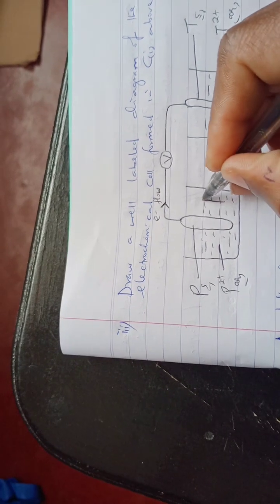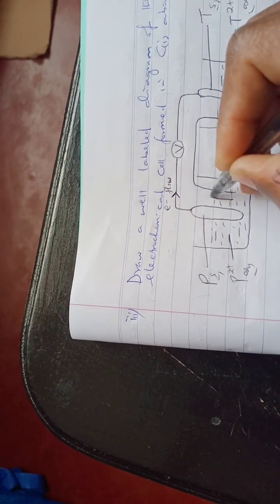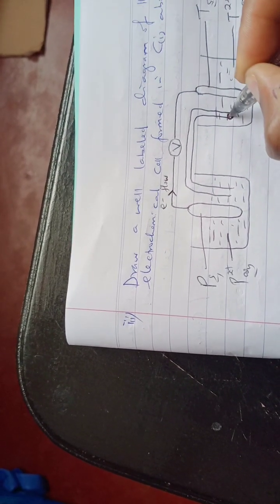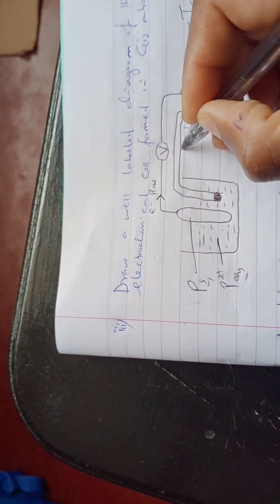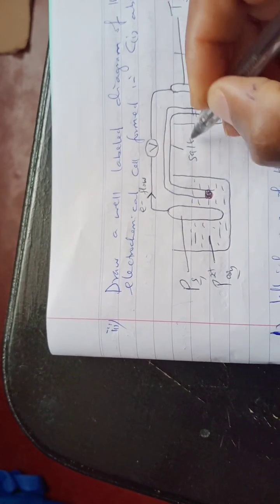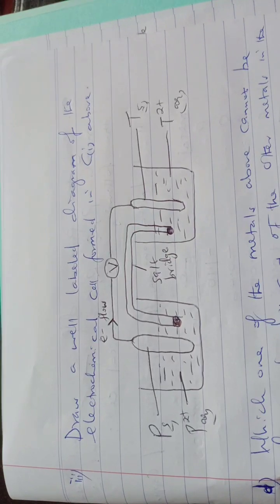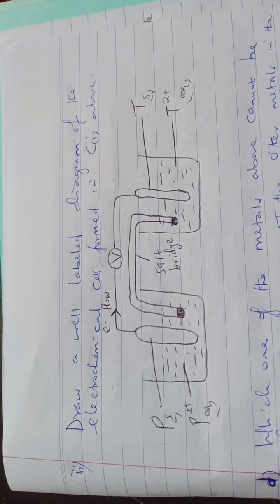And then the electrolytes, the solutions, are supposed to be connected by a salt bridge. So this one is our salt bridge. So you indicate properly. This is salt bridge, like that. You have drawn a well labeled electrochemical cell and you'll get full marks.